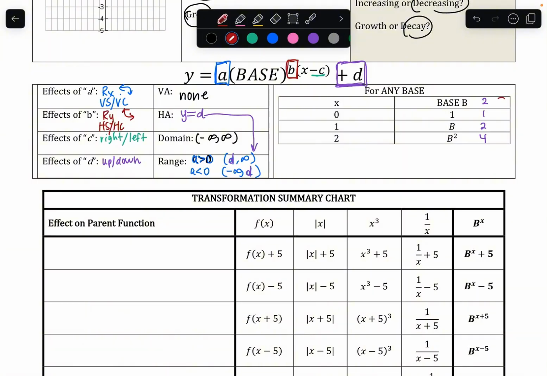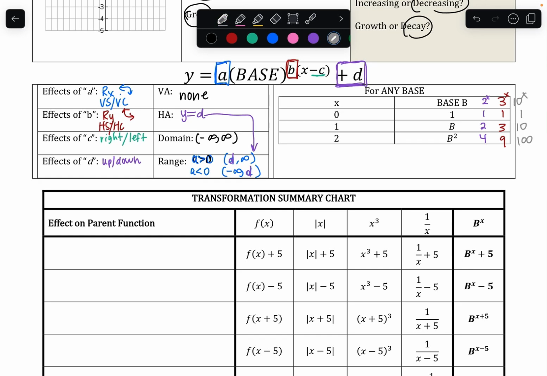If, let's say, our base was 3, we would still have 1, 3, and then 9. If our base was, let's say, 10, we had 10 to the x. I'm going to write the x with it so you know that's the base. If we were talking about 10 to the x, we would still have 1, 10, then 100.